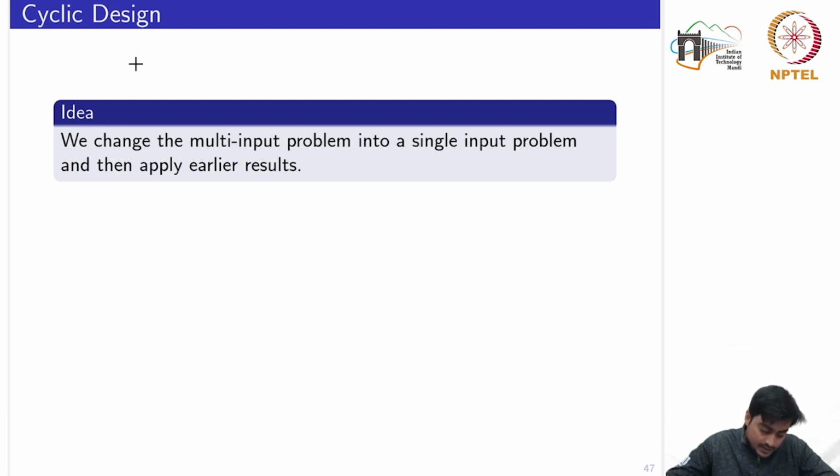The idea here is that we change the multi-input problem into a single input problem, and then we apply earlier results to finally compute the matrix K. The benefit of using this cyclic design is that once we have represented a multi-input variable system as a single input variable system, then all the previous results, the eigenvalue assignment and the Lyapunov-based design, we could apply to finally compute state feedback for a multi-input problem.